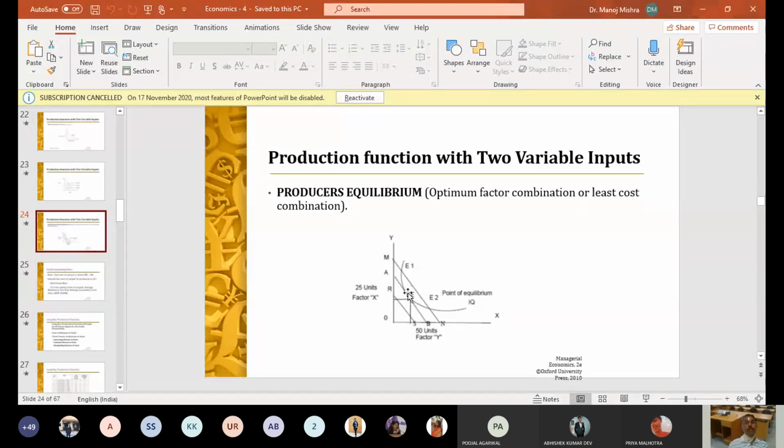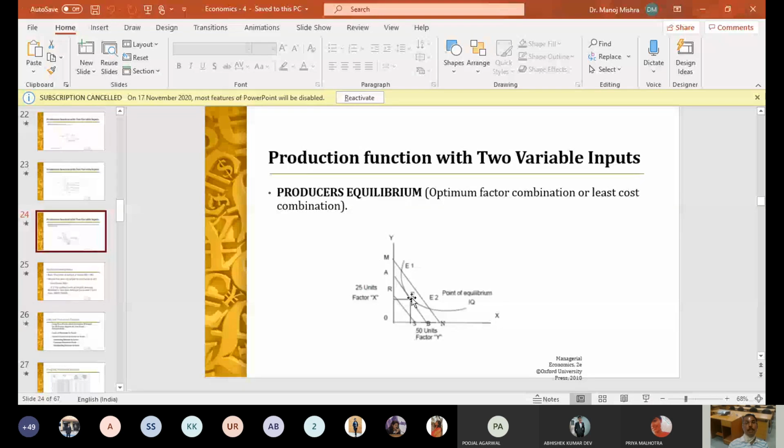But as soon as it leaves the equilibrium on either side, the quantity remains the same, but costs become more, because it is not on the line AB. Therefore, the producer tends to rush back to E.